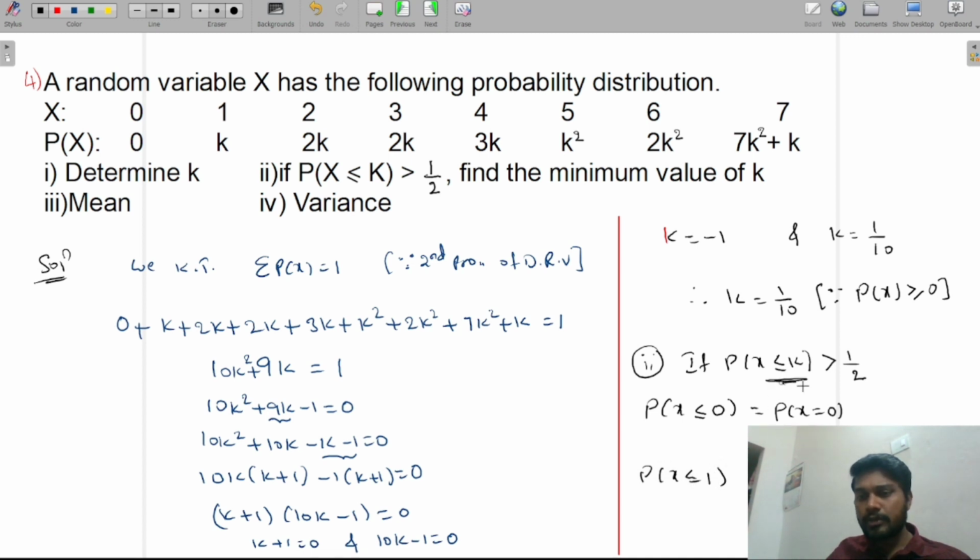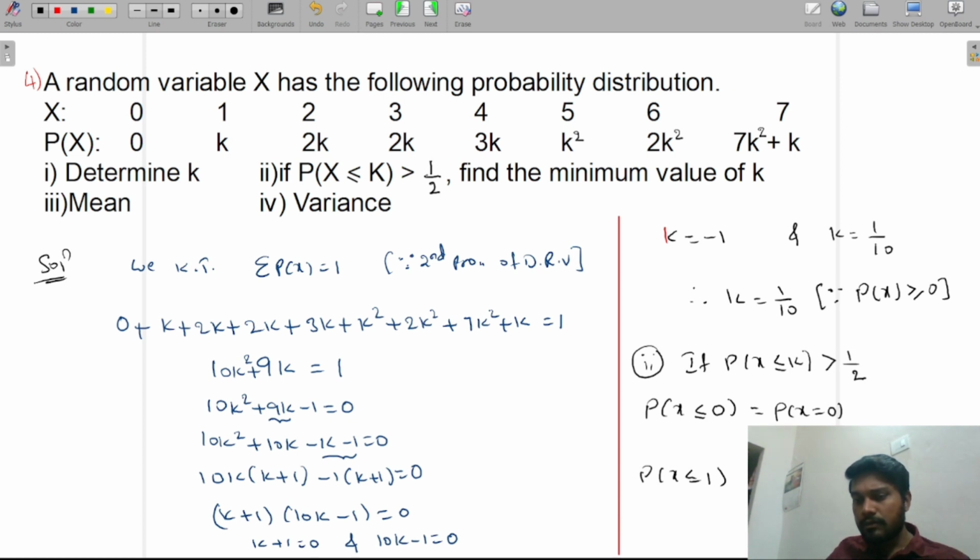Here I'm substituting 1 now, and I will identify whether my probability exceeds 1/2 or not. Okay, right. So what are the values for x? Tell me. X equal to 0 and x equal to 1. So at x equal to 0, what probability am I having? 0. Plus at x equal to 1, what is the probability I'm having? k, right? So adding 0 plus k, I get k.